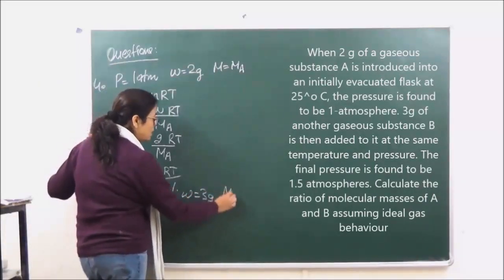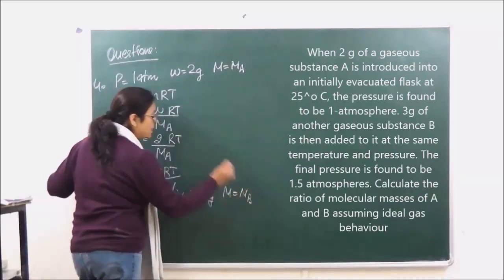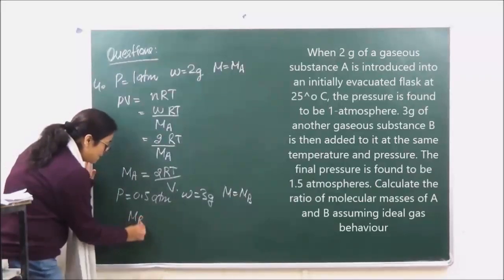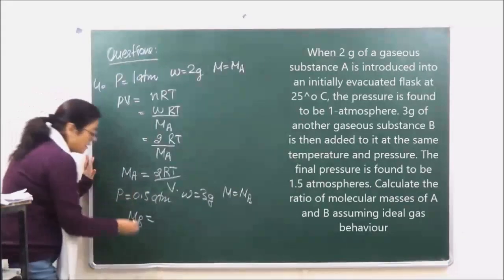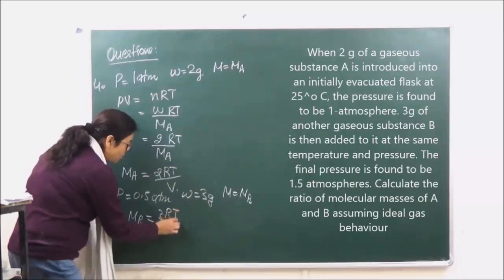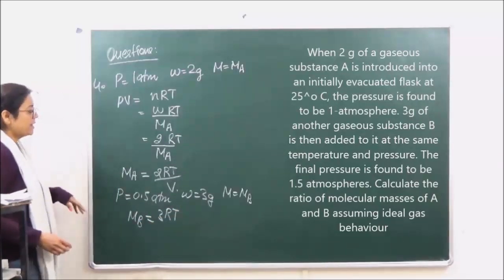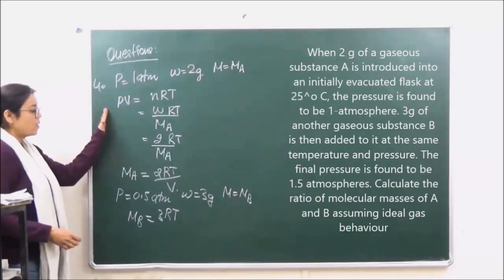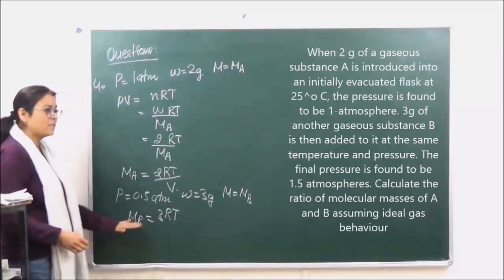Let's say the molecular mass in this case that is going to be equal to B. So calculating MB in a similar manner, we will get 3RT divided by P. P that is given over here, it was given as 1, over here it is given as 0.5.